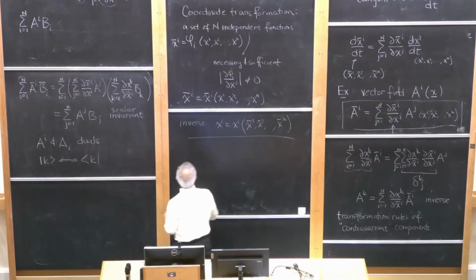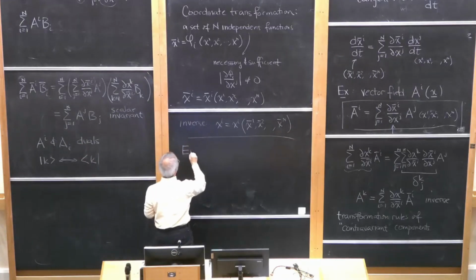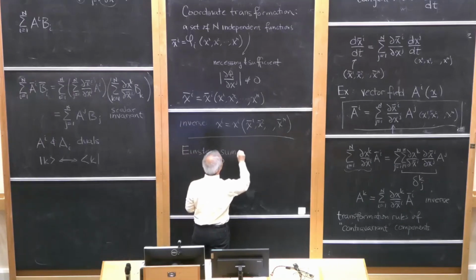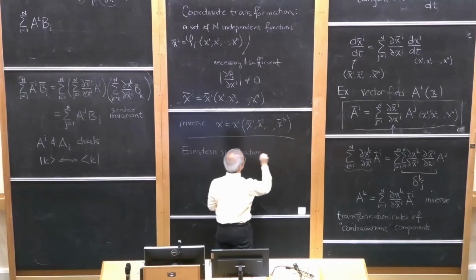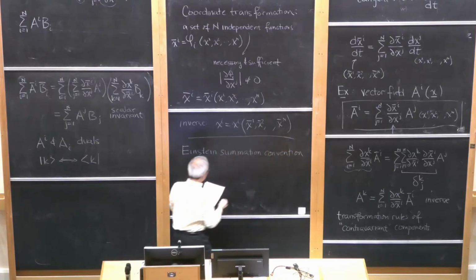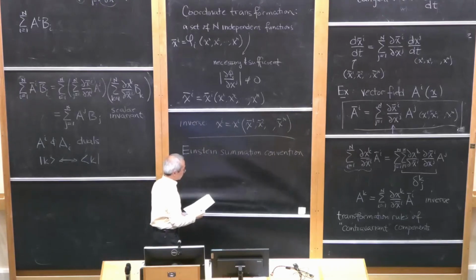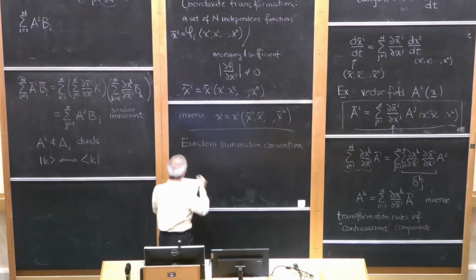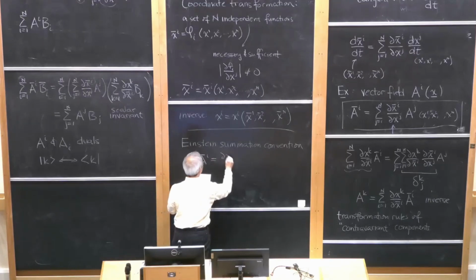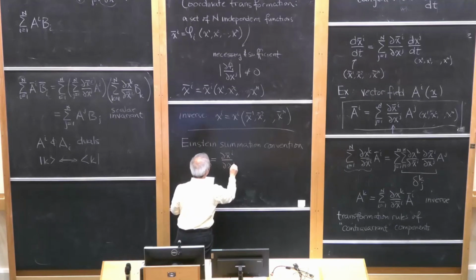Yeah, okay. So we have something called the Einstein summation convention. What we notice is that the sums have a fairly regular pattern. Generally speaking, you have a repeated index.